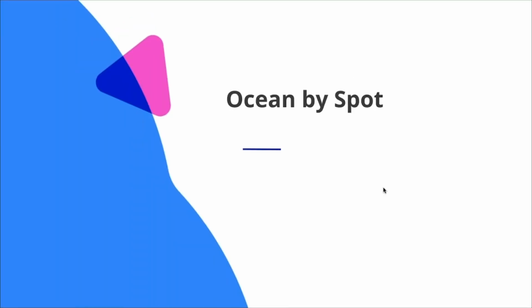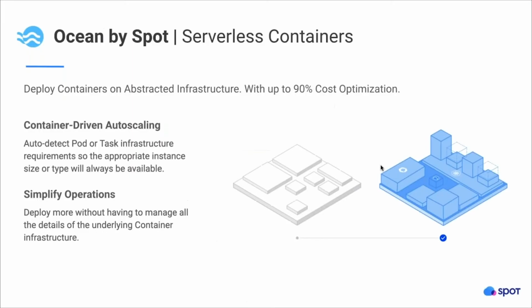Which brings us to Ocean. As I mentioned earlier, Ocean by Spot is our containerized environments data plane manager that makes sure to optimize data planes across their instance sizes, their life cycles, and their container utilizations. It's fully container-driven auto-scaling: the instance type, shape, and family scale by the container needs.